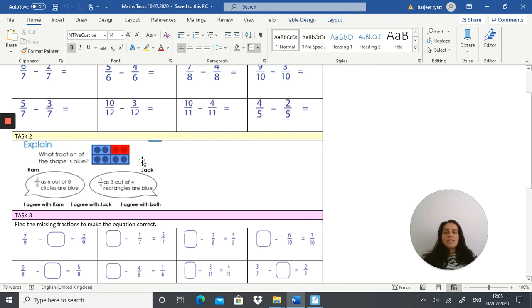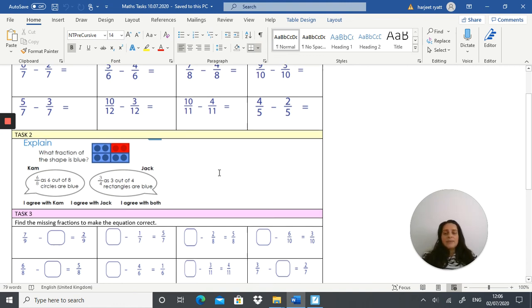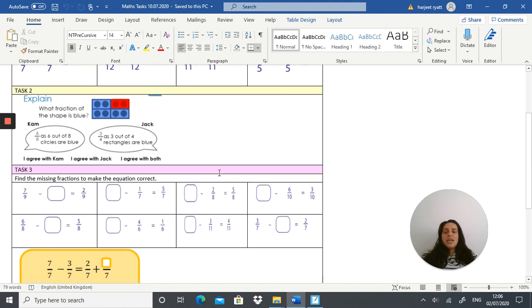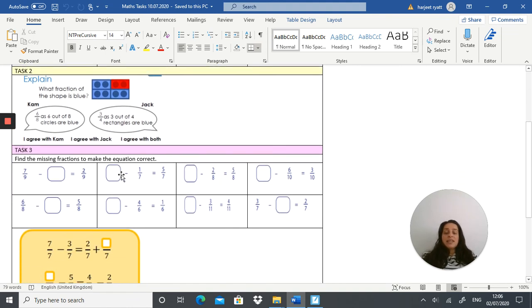Task 1 simply asks you to subtract these fractions, and task 2 asks you to explain what fraction of the shape is blue in this shape here? Cam says 6 out of 8 circles are blue, and Jack says 3/4 as 3 out of 4 rectangles are blue. So which one do you agree with, Cam? Do you agree with Jack? Or do you agree with both? So you need to explain why. Task 3, find the missing fractions to make the equation correct.